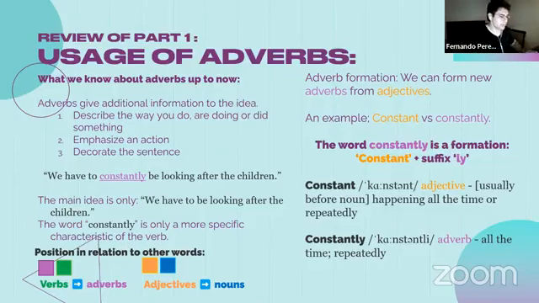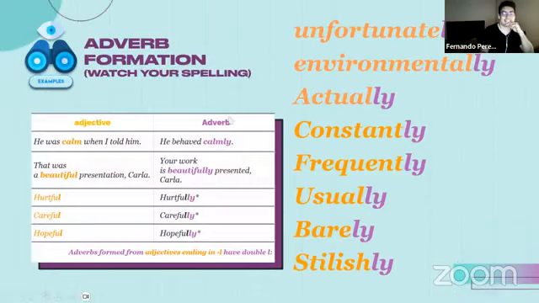So let's continue our practice on very common adverbs. We have seen some of them as words that we already know. We have, for example, here the word calm transforms into calmly. The word beautiful transforms into beautifully, right? And the position of these words in comparison with the rest is different.